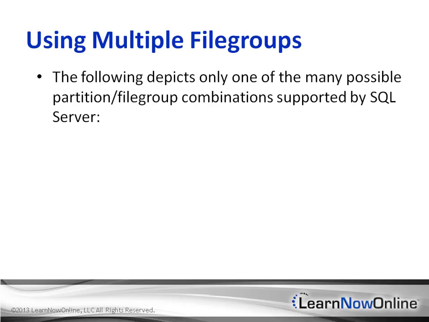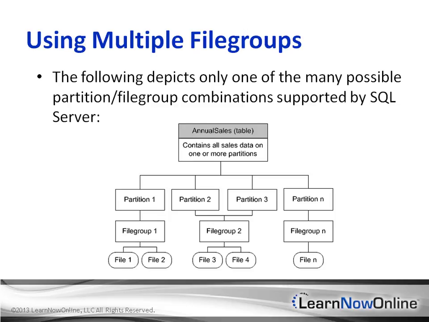Here's an example of one of the many possible partition file group combinations supported in SQL Server. You can see here at the top we have our sales table, which is our single table that consists of 1 to n partitions. Those 1 to n partitions exist on 1 to n file groups.